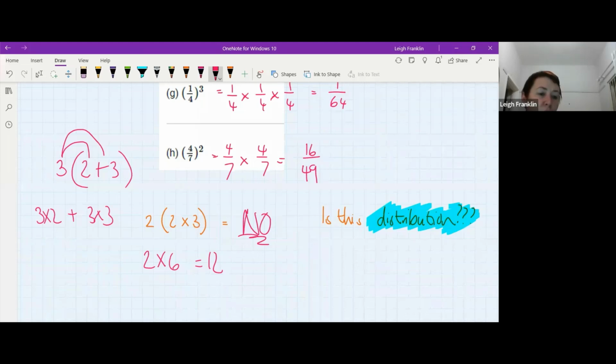I'm distributing the 3 over the sum of 2 and 3 together. So that would be 6 plus 9, and that would leave me with an answer of 15. And that's because if I add 2 and 3 together, I would get 5, and 3 times 5 would give me 15. Okay, so that's just to answer that question.